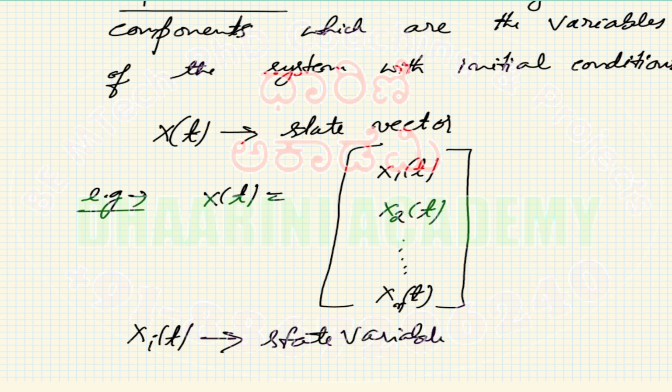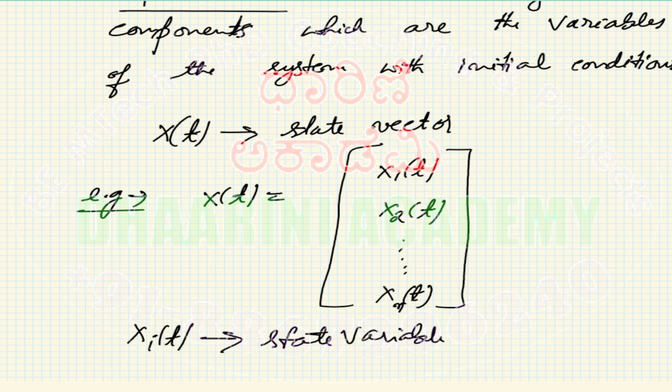So the new state x of t1 depends upon the past values. In order to calculate the value at t equal to 2, you should know what is t equal to 1.